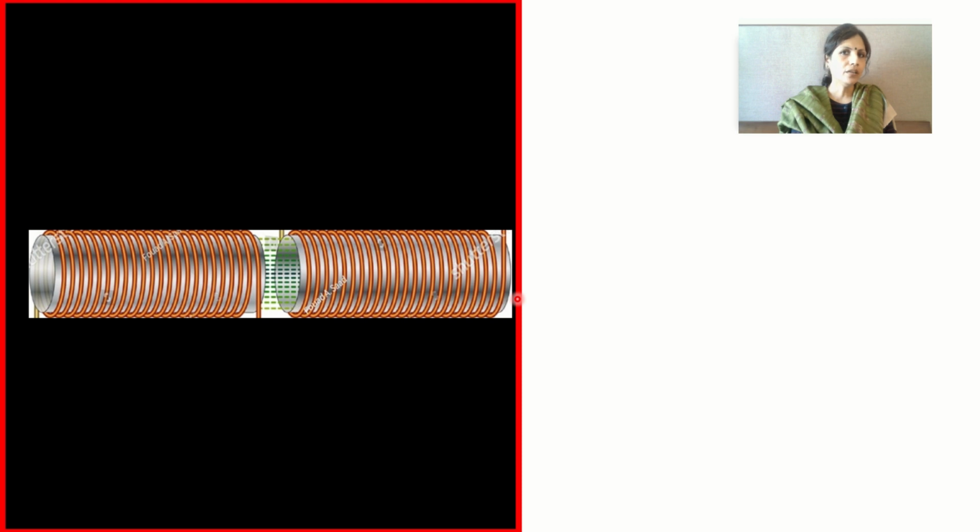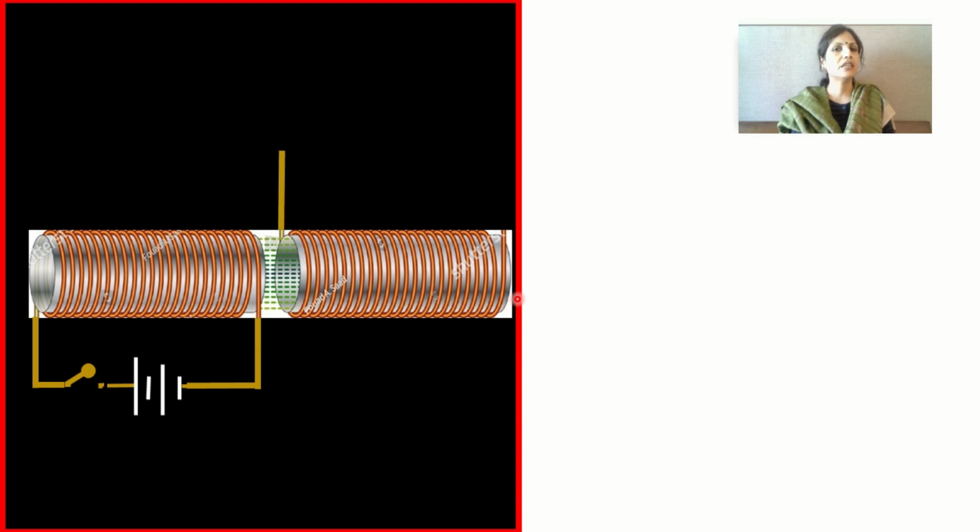To one coil we will attach a plug key and a battery, and we will complete the circuit. The second coil is not attached to the first coil, but it is just placed near to the first coil. The first coil is a current carrying coil because we have attached a battery there. To the second coil we will just attach a galvanometer.